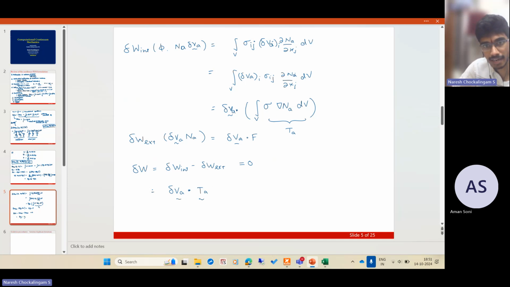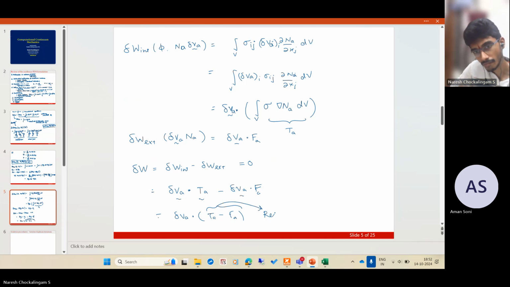So this is a tensor acting on a vector returns a vector, integrated over the volume remains a vector, minus del VA dot some, we can call it FA because A index is there. So this is basically del VA dot (TA minus FA). This is the residual.